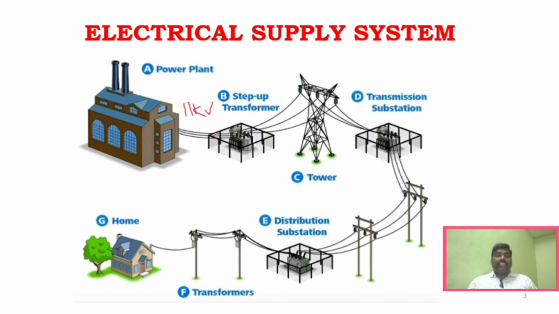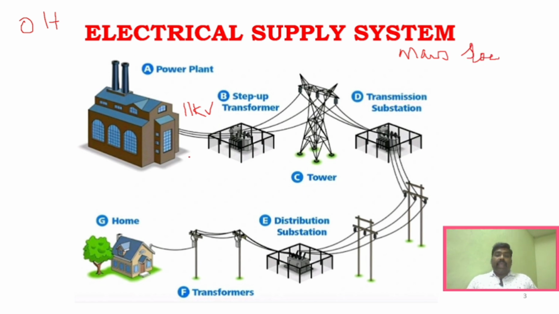Right? And I'll just explain you the complete structure first, and then I'll come back to these voltages, right? So the generated power from the power plant will be transmitted through overhead cables, OH cables, where we know that the power plant is located in the remote areas. From that remote areas, it has to be transmitted to the main load centers.